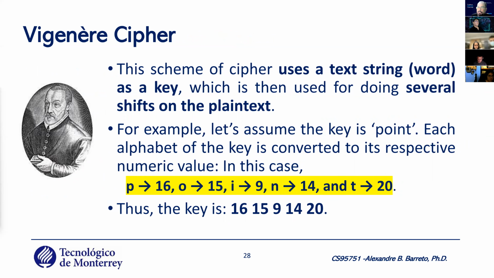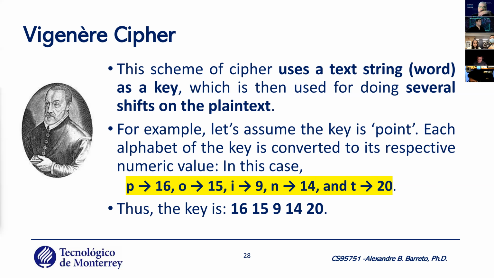It means that in the Vigenère cipher, for each letter of the key, you have a Caesar cipher. Did you understand? For example, if POINT is the key, you have a Caesar cipher for P, a Caesar cipher for O, for I, for N, and for T.